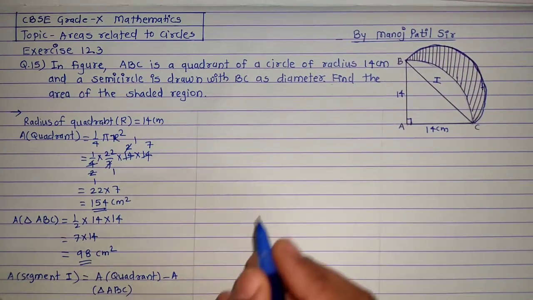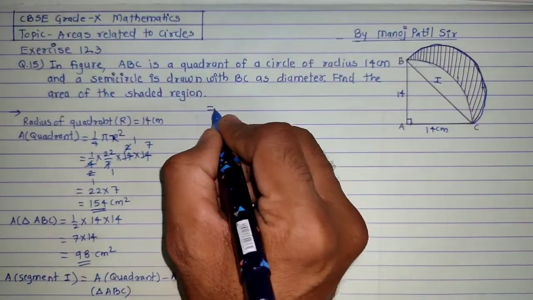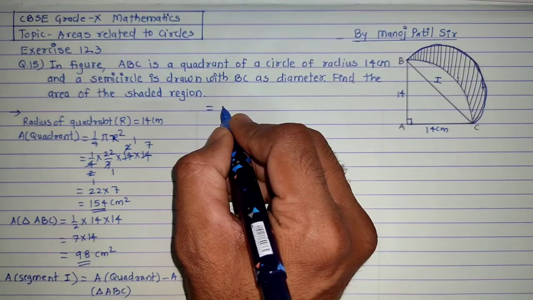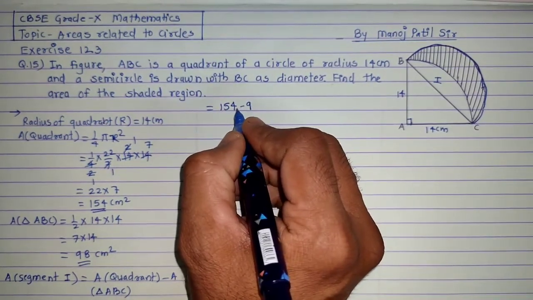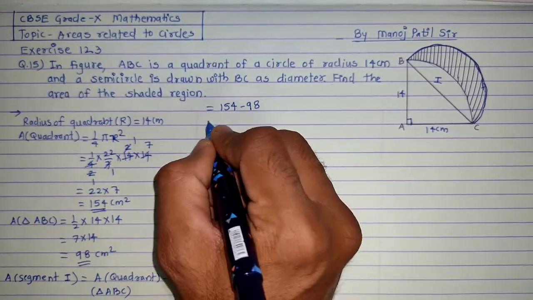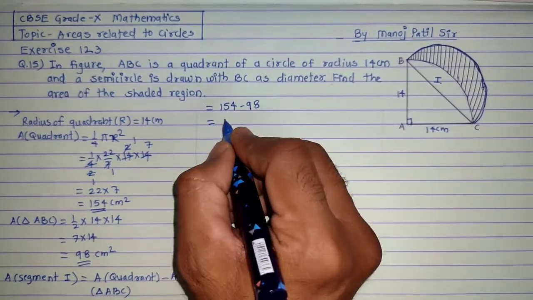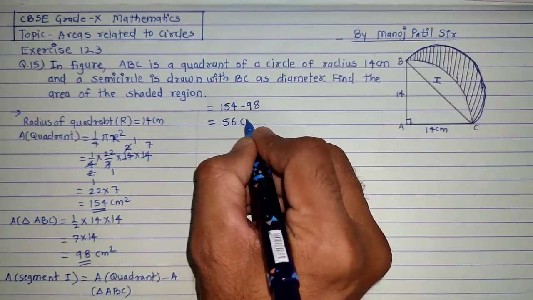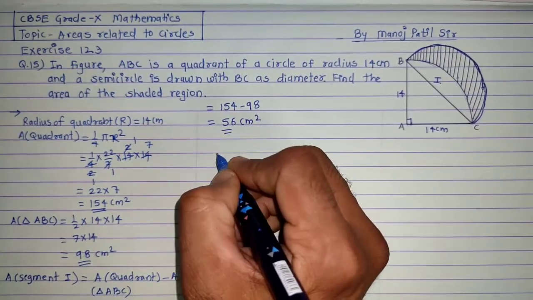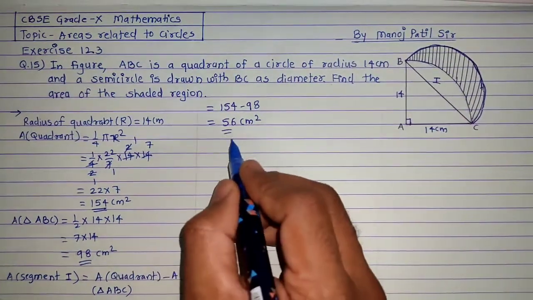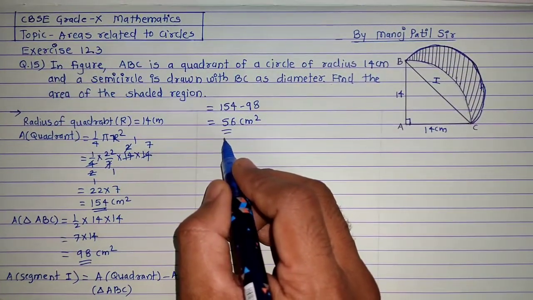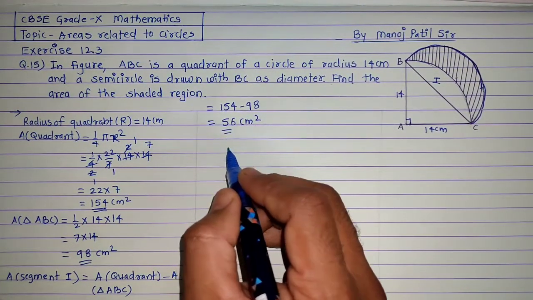Quadrant area is 154 minus 98. So 154 minus 98 is 56 centimeter square. So we get the area of region 1, that is the segment, 56 centimeter square.